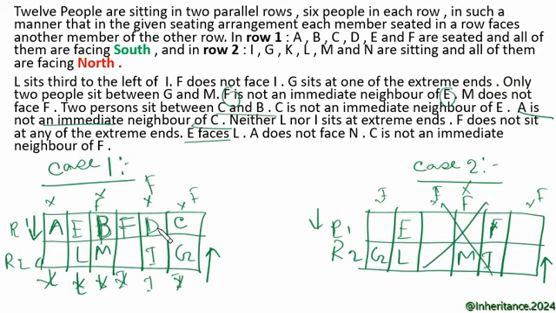A does not face N, so N has to be there. Which one is left? K. You can place K. Now this is the correct arrangement. In row 1: A, E, B, F, D, C. And in row 2: K, L, M, N, I, G.